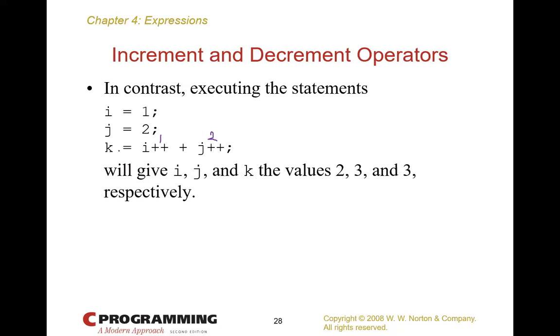On this line, these are their values. If you move to the next line, I would have increased by 1, so I would be 2. j would be 3. But k will not change. k will be 3 immediately. Nothing happens to k on another line. Okay, please keep these things in your mind.